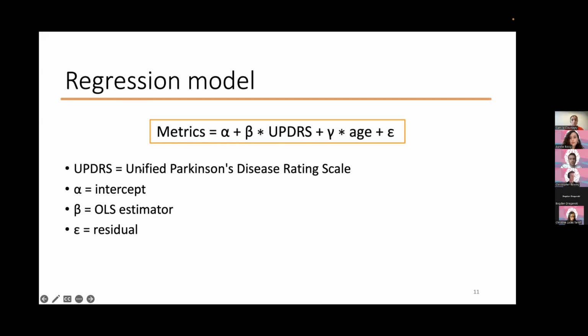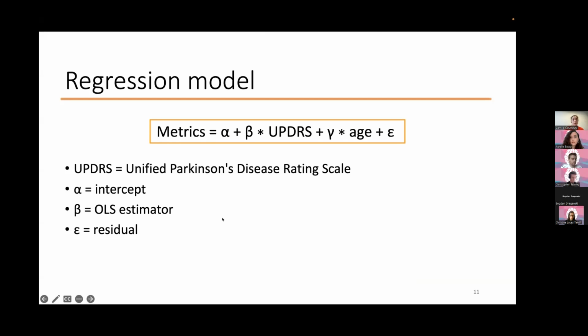UPDRS is the Unified Parkinson Disease Rating Scale. It's a scale that indicates how advanced Parkinson disease is in our patients. And we also used the age as a control variable.